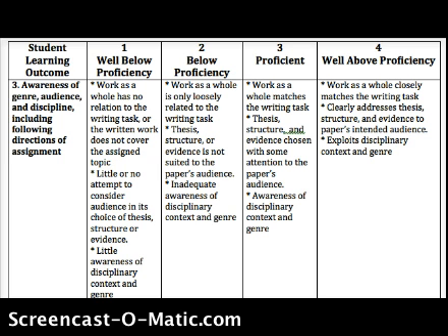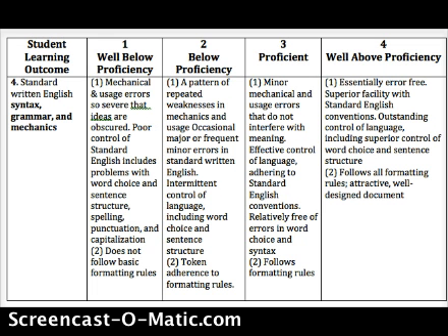If I'm writing a lab report, that would be good in biology or chemistry. Who I'm writing to and the conventions of the discipline are also things I need to follow. So that is this criterion.